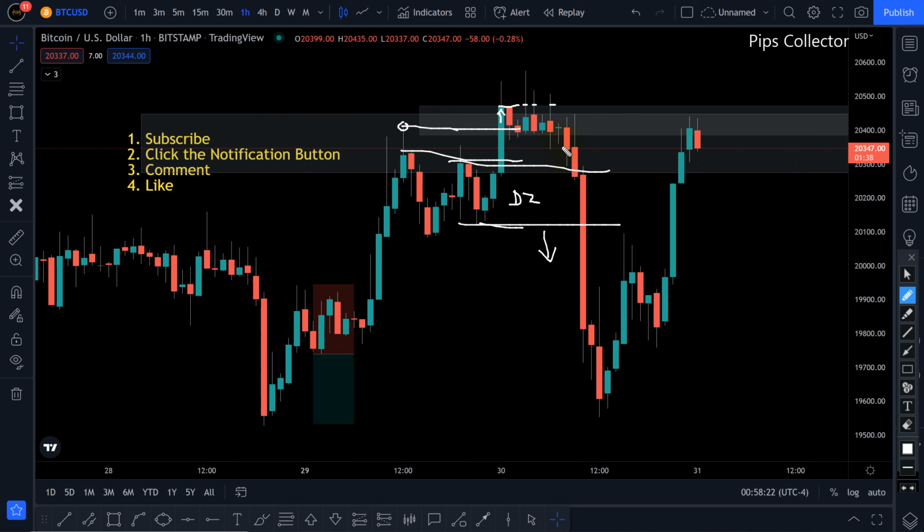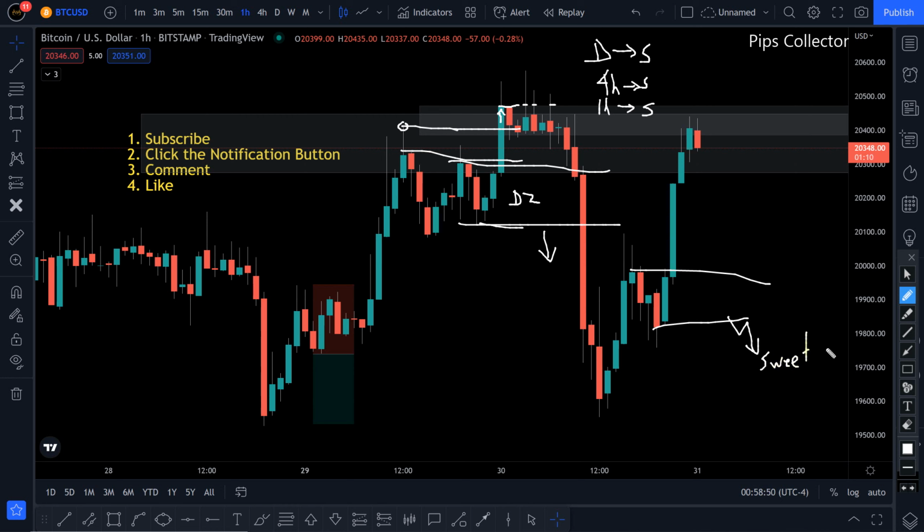Now, if you look at this closely, on the daily we're in sellers territory. On the 4 hours, we're in sellers territory now. On the 1 hour, we're in sellers territory. So let's see what price will do right now. But sweet sells would occur below here.